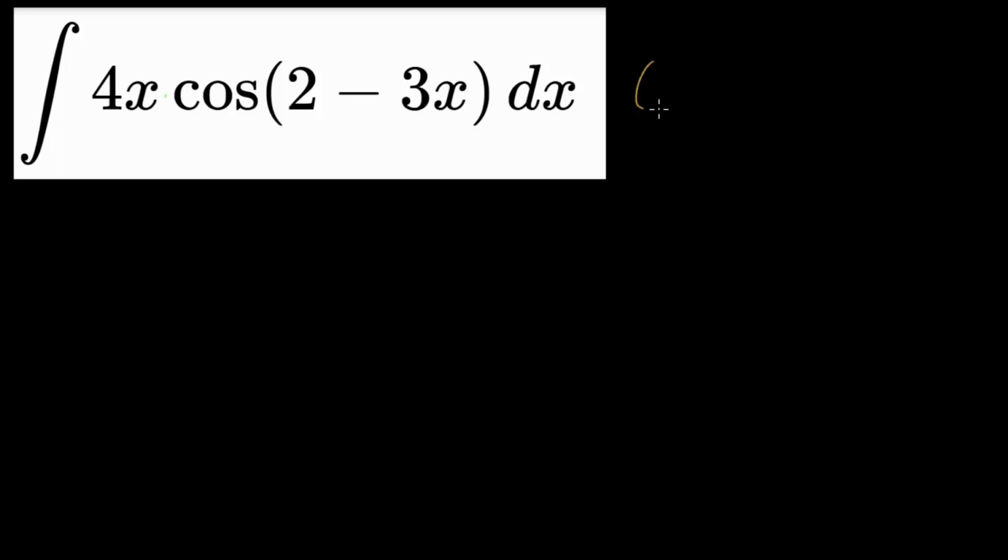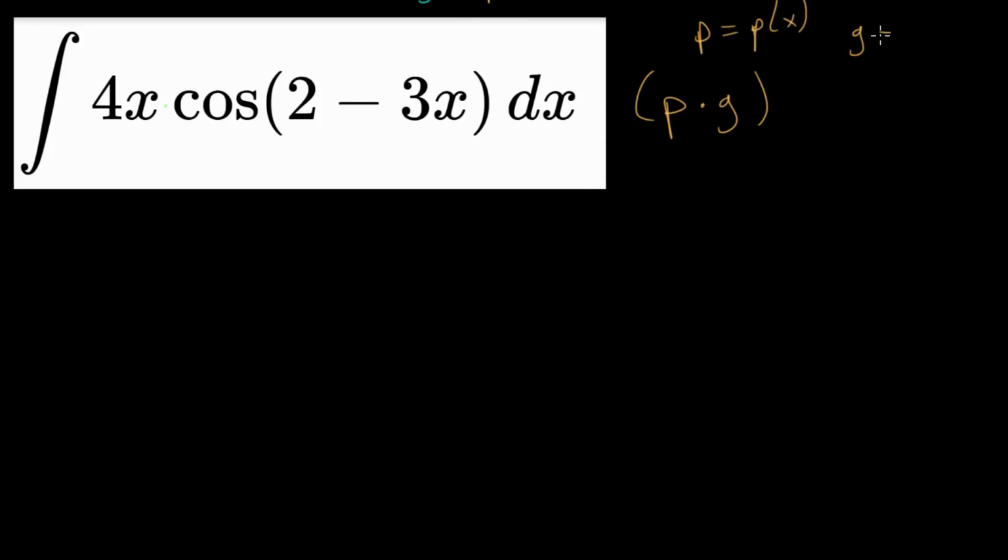And let's just rewrite that. If we have two functions, let's say we have p and g, where p is just a function of x and g is also a function of x. Let me rewrite that.